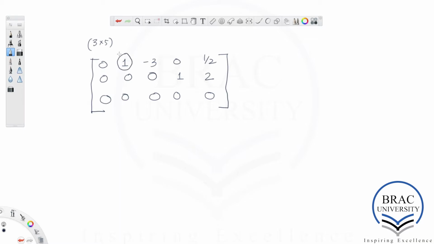This is the leading one. This is the other leading one. There is no leading one in the third row, since the third row is just a 0 row. The columns containing these leading ones have all other entries 0, right?